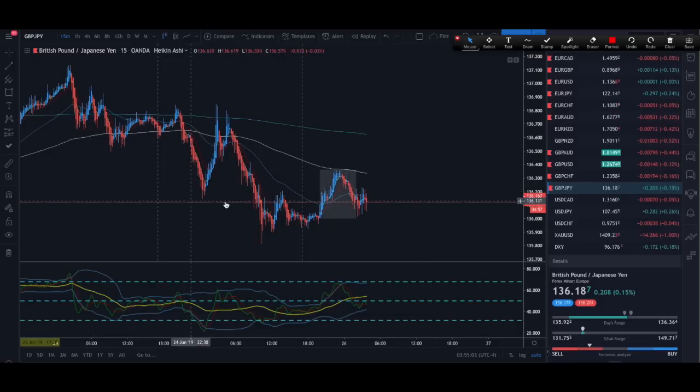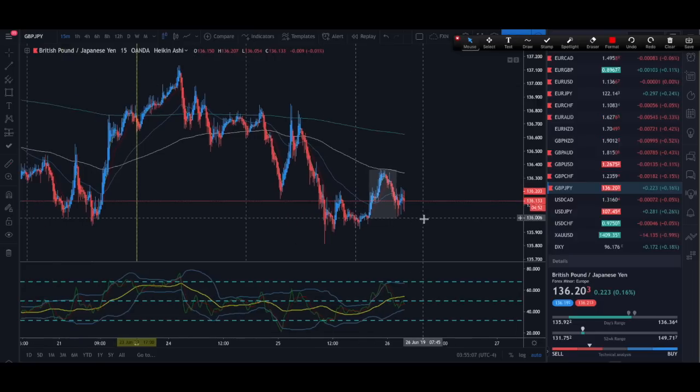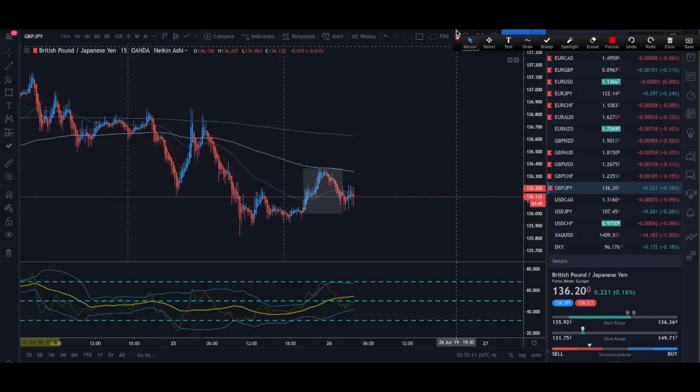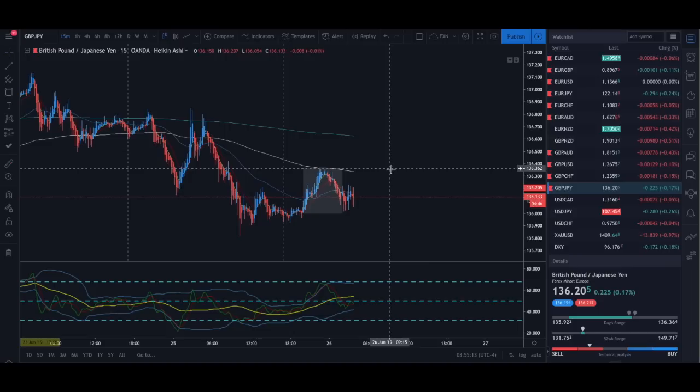So I just literally start tagging them, as you can see there on the right side, red. That way it reminds me of the pairs specifically that I'm looking at.